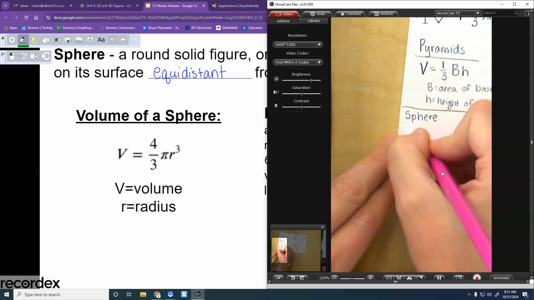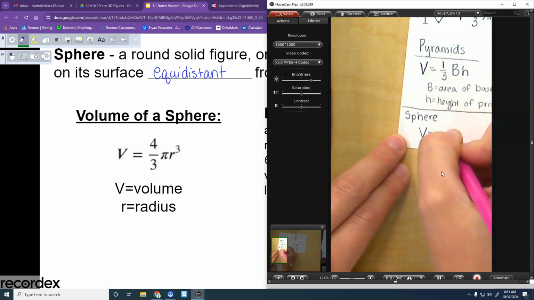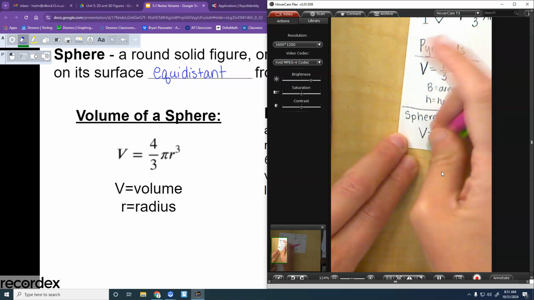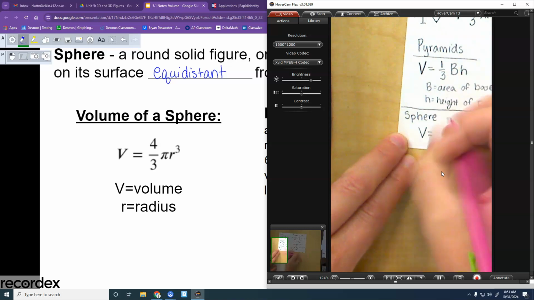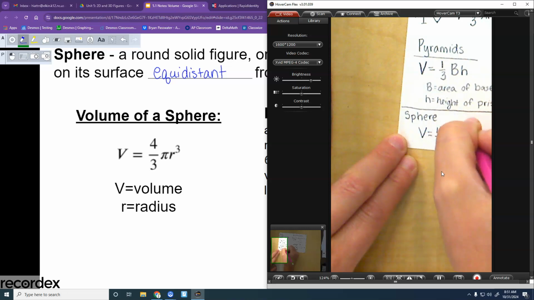And we got volume equals pi times 4/3 pi times the radius cubed.